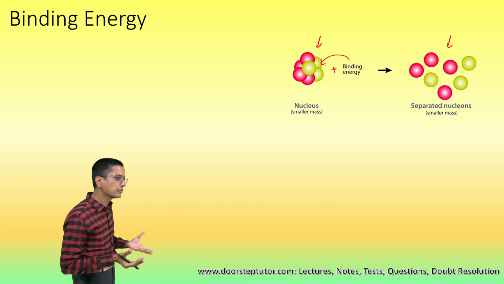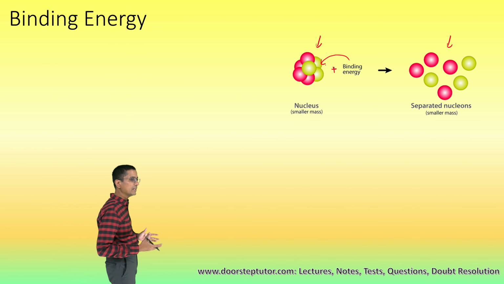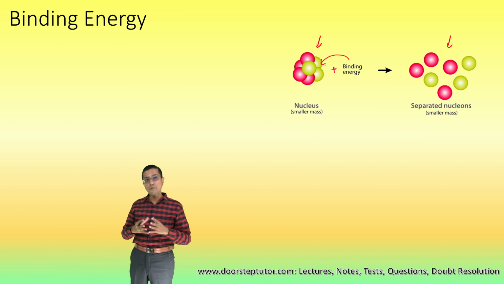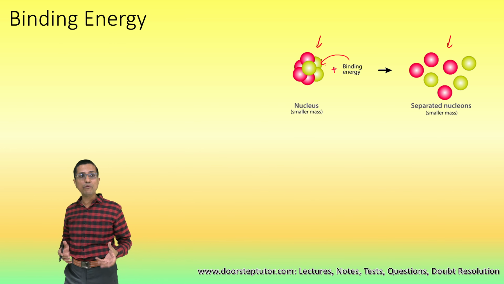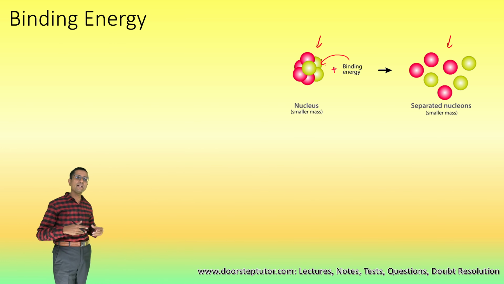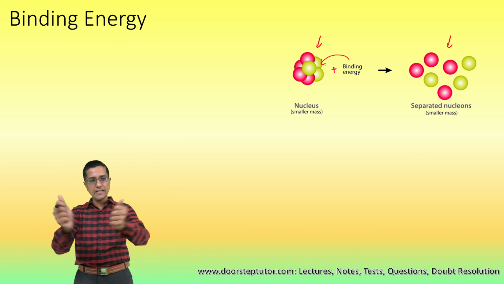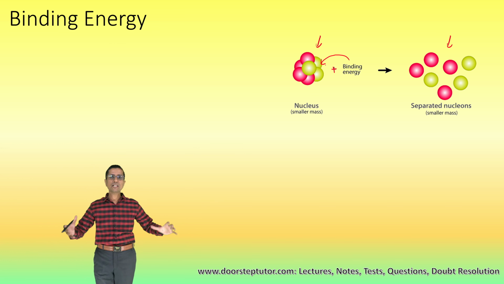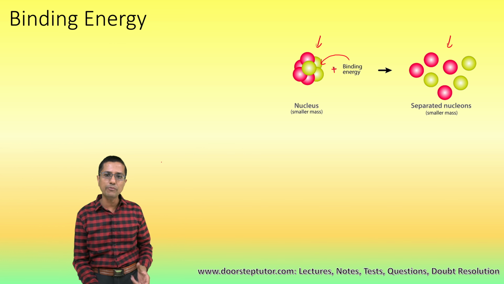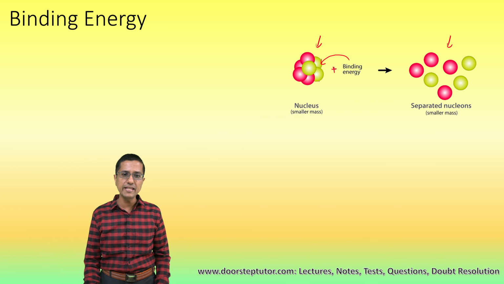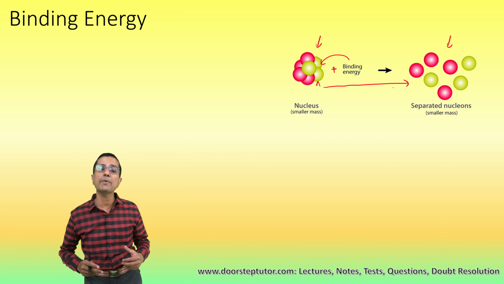And that is what goes on, right? When we want to break the nucleus into its constituents, protons and neutrons, what do we do? We have to bombard it with a lot of energy. That is what is done in the LHC, the Large Hadron Collider. There, atoms are smashed together. And why are we smashing them together? Because we want to break this nucleus into its constituent nucleons, and perhaps even further.